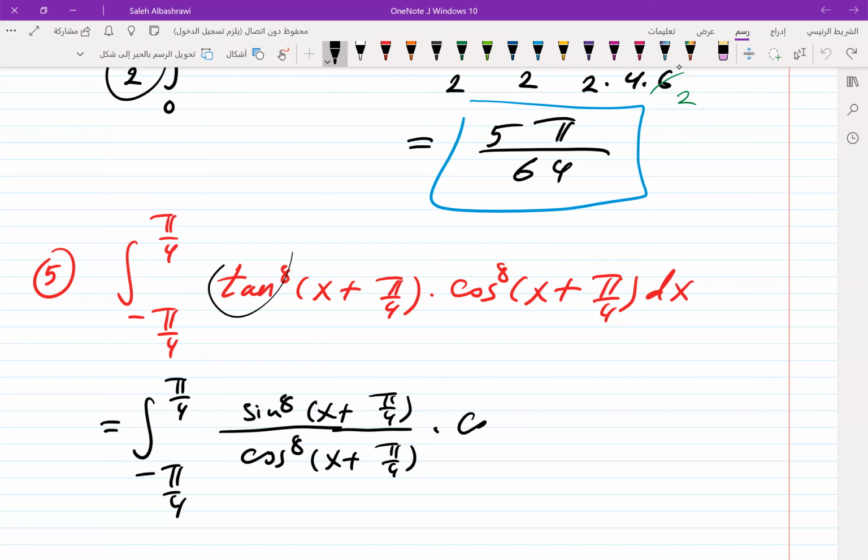Multiplied by the other term, dx. Cosine to power 8 will cancel with cosine to power 8.